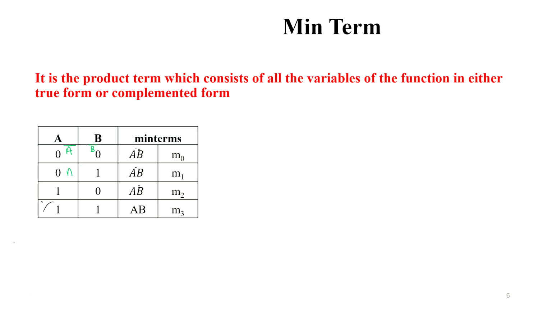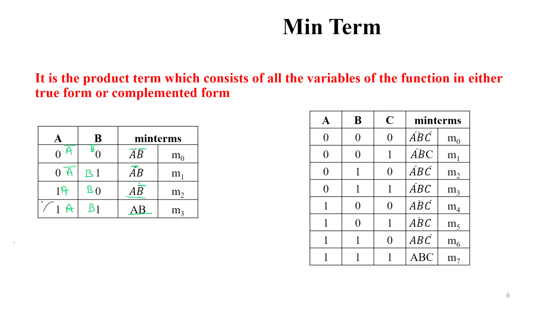This is corresponding to A bar, this to B, this to A, this to B, and this is again 1, so this is A and this is B. So you are getting AB here, AB bar here, A bar B here, and A bar B bar here. These are the corresponding minterms.